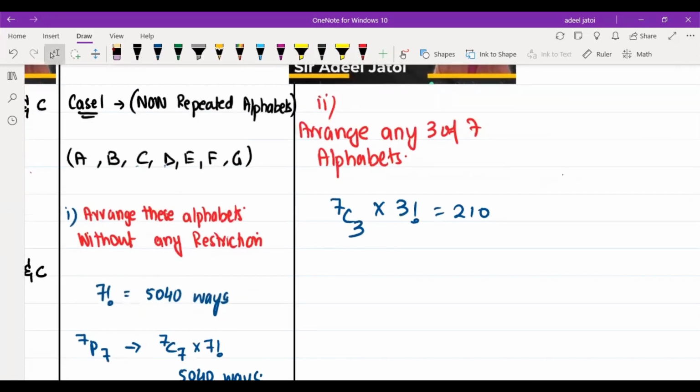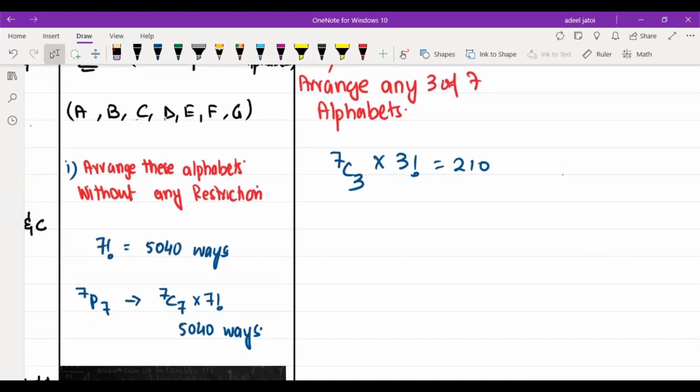Either I do it this way, which we will be using, right? But the separate technique of doing this is, there are 3 letters to be selected. I can select 1 from 7, so that would be 7C1. That means for the first space, I'm selecting only 1 letter.